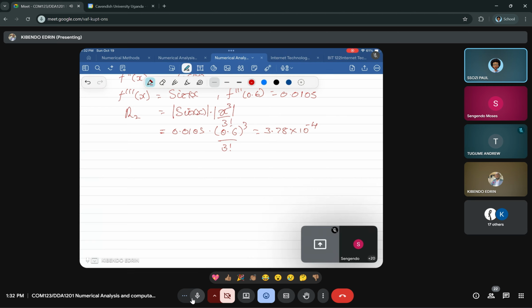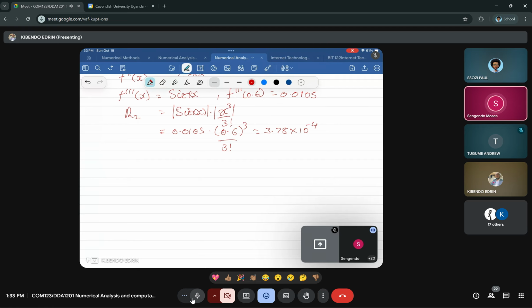Now, there is something. Are you seeing where you put a 0.0105? That's the value for sine x. But we can also put 1. Why?